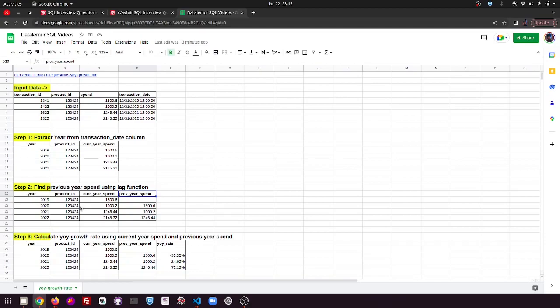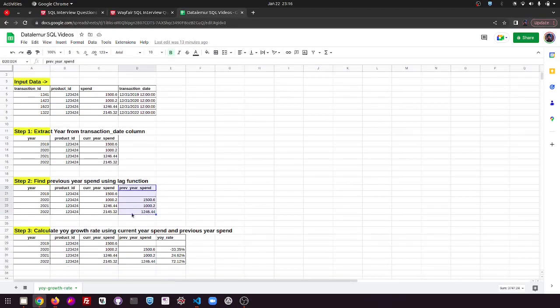In this example only one product ID is given, but it is possible that we can have multiple product IDs. So when we write the SQL query for that, we will use the lag function and partition it by the product ID, and order by year. So we have calculated the previous year spend.